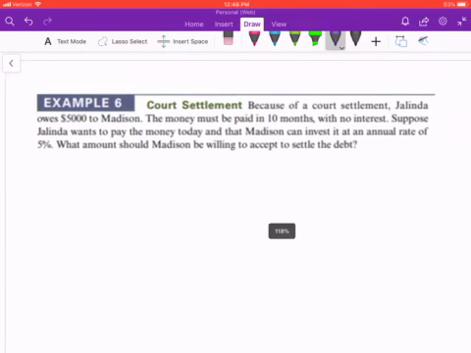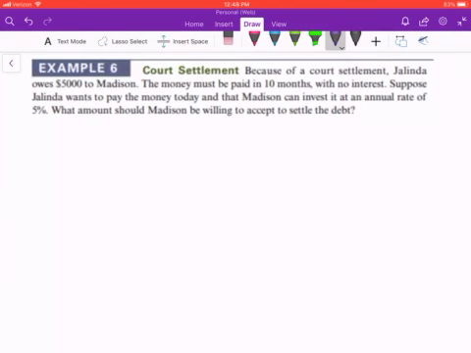And so problem 6 is talking about a court settlement. It says, because of a court settlement, Jolinda owes $5,000 to Madison. The money must be paid in 10 months with no interest. And suppose that Jolinda wants to pay the money today. So here we're going to be talking about two cases.